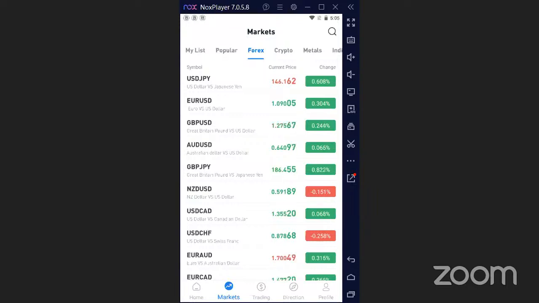You are predicting how a currency pair price will move and open a position based on that prediction. You are going to make a profit if you speculate that the market is going to go up, then it goes up, or if you say the market is going to go down, then it goes down. That is how you make money from forex trading.